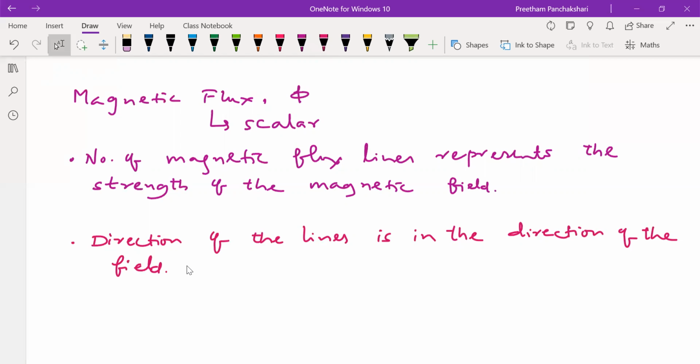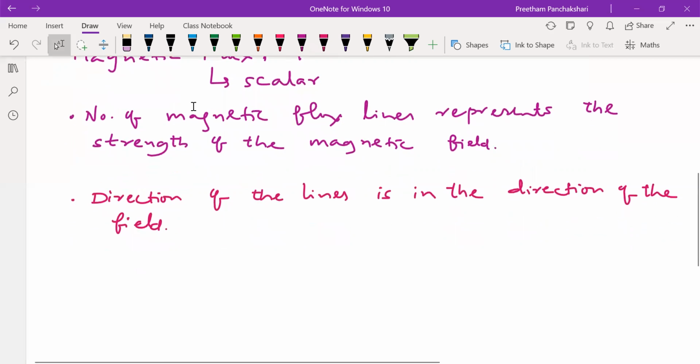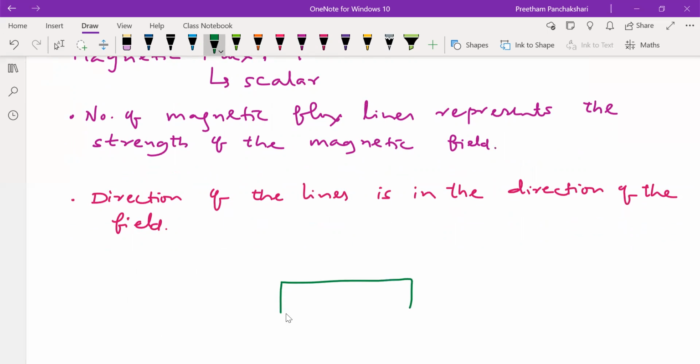That means if we consider a magnet, the dipole, the magnetic flux lines originate from the North Pole and terminate at the South Pole.